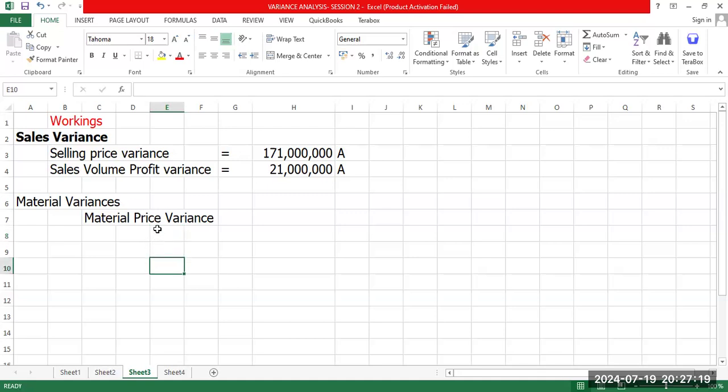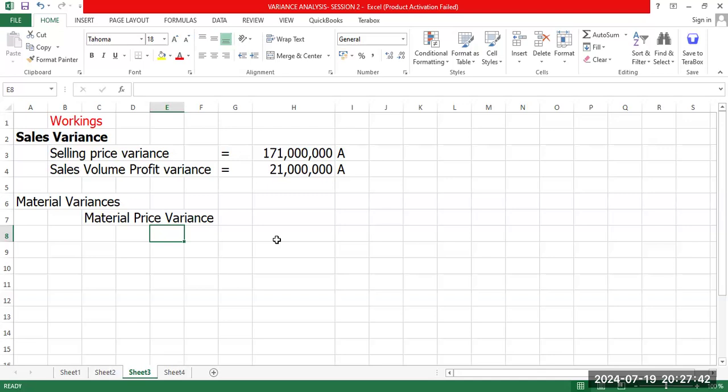So you will need to first ask yourself, as the company, they are planning to incur how much on every kg?